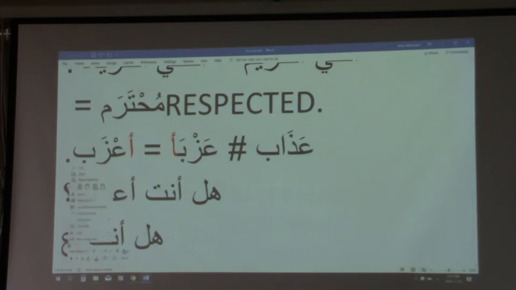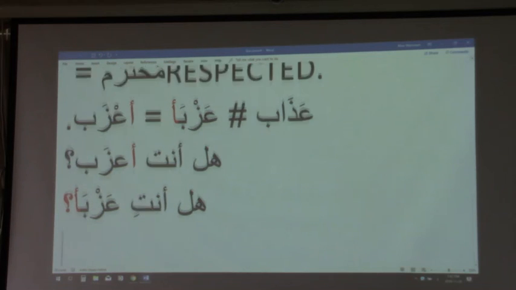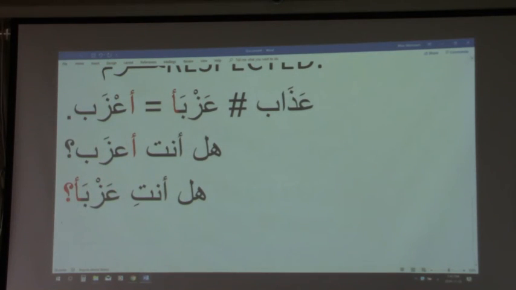The reason I brought this is because we are still under conversation. You remember zawja? Oh, azba, it's azba. The opposite. And sometimes, because we don't want to hurt the feelings of the brother and the sister, we don't ask them هل أنت أعزب. We ask the other way.